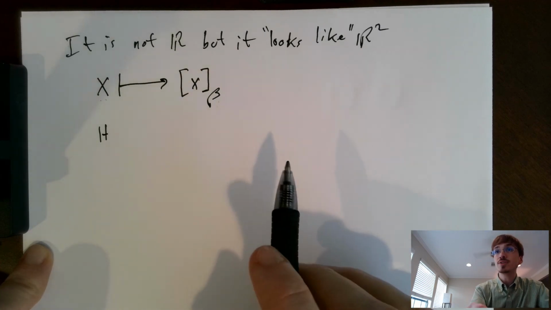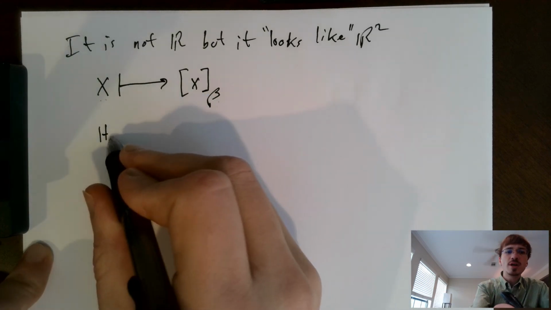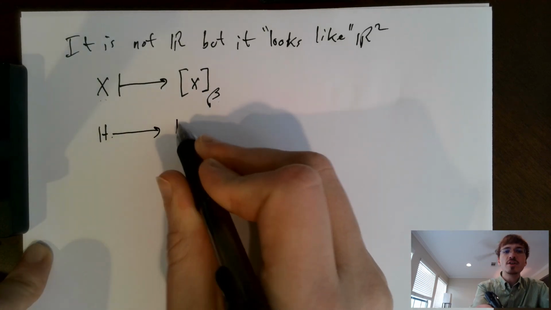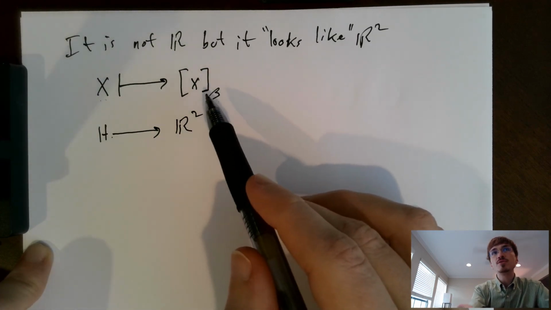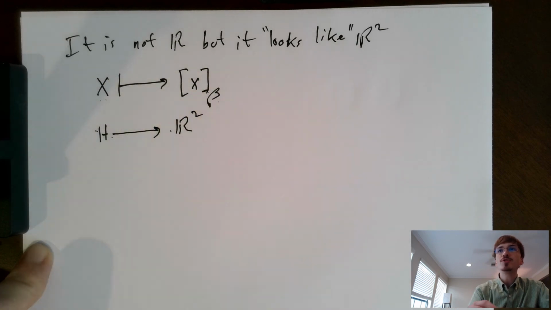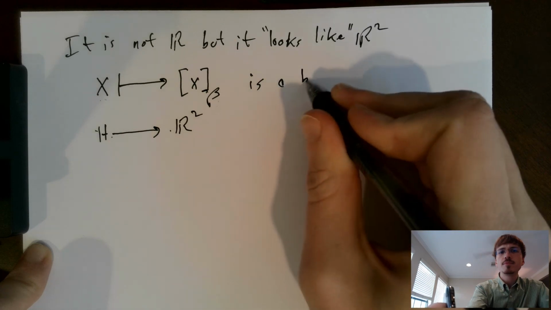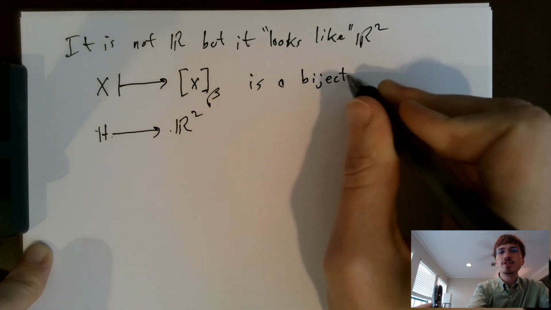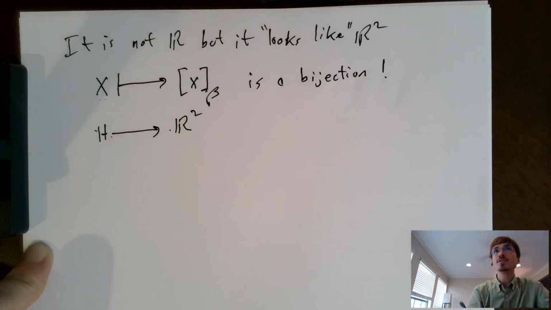There are 2 entries there, because there are only 2 basis vectors. So really, this mapping takes H and sends it to R2. And because we have uniqueness, remember that linear independence gave us uniqueness of the coordinates, this mapping also goes backwards. So this is a bijection. And that's kind of interesting.